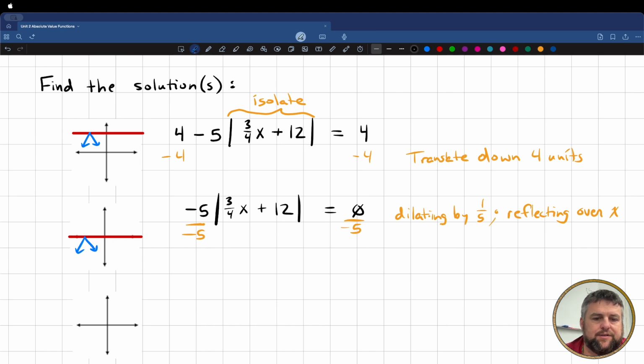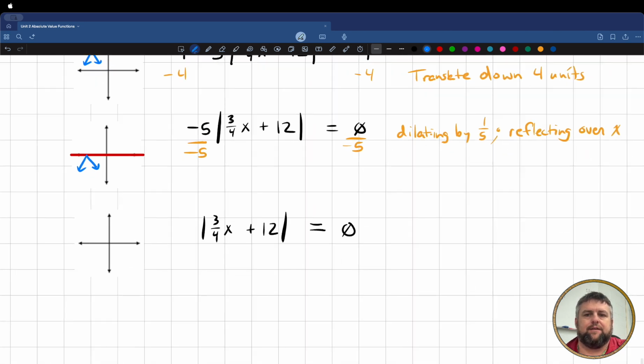So this is going to give us a new function of the absolute value of 3/4 of x plus 12. And if you divide 0 by a number, you're going to get 0. So now the constant amount is still at 0, but now we have a graph that's not as vertically stretched.